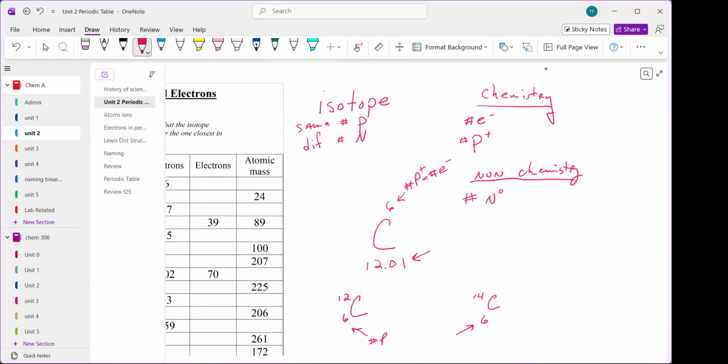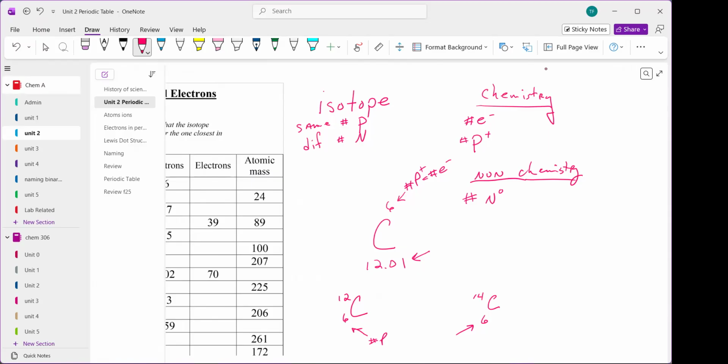Now, alchemists 500, 600 years ago were trying to do that. They wanted to change cheap metals like lead into expensive metals like gold. Never accomplished it. We do that all the time today. It's very expensive, but we do it all the time. They didn't have cyclotrons in those days. We have these cyclotrons big time.